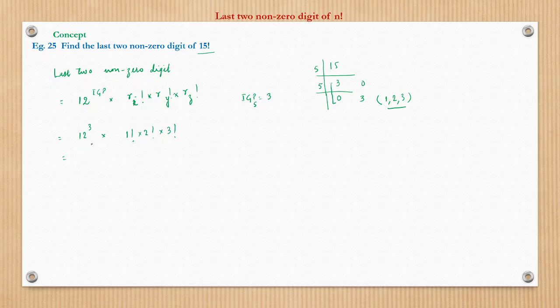Now we have to find the last two non-zero digits. What will be the last two digits of 12 raised to power 3? Again, we have seen that the last two digits of any power is given by the remainder when divided by 100, so the remainder of 12 raised to power 3 by 100.